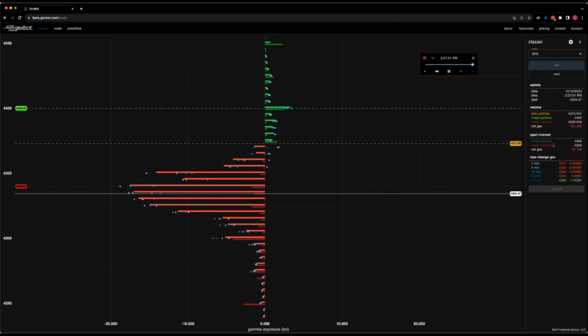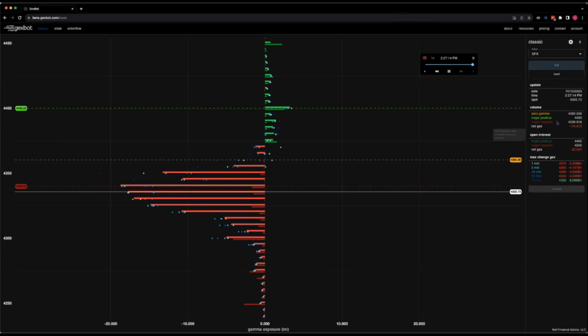And we have a lot of traders that use that as a heuristic to understand what regime we're in, and how much options are playing a role in overall price action. So we're not going to get into that a ton here, but that's generally what it means. The max change GEX, I feel like, are kind of underrated and are pretty cool, just to have those there on the side.